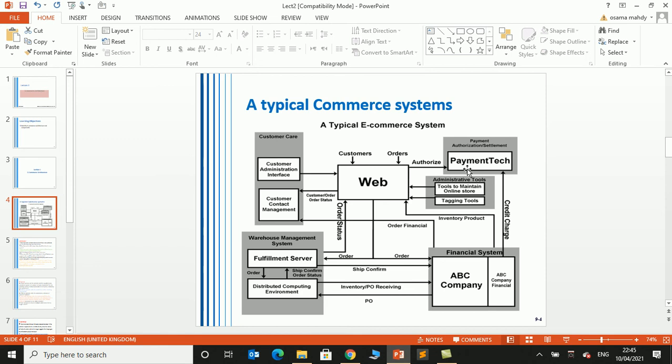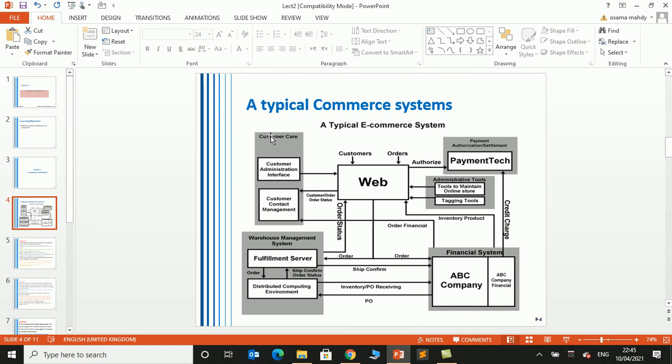So it's a very high technology dealing with the financial system of the bank, or the third party credit company and so on.